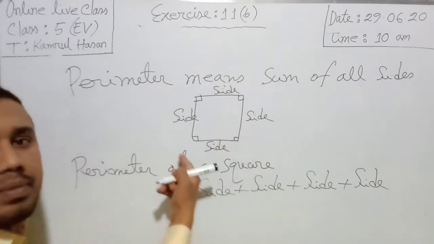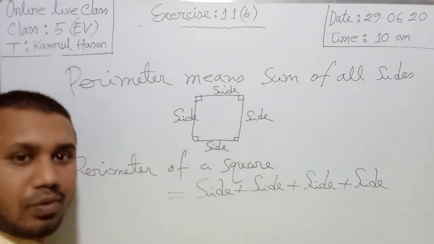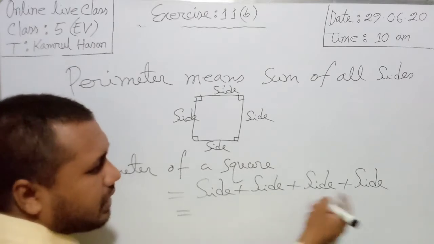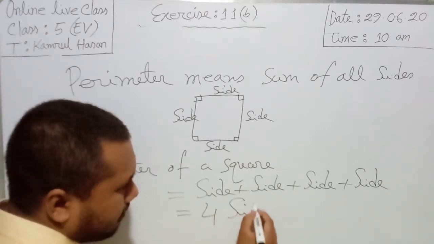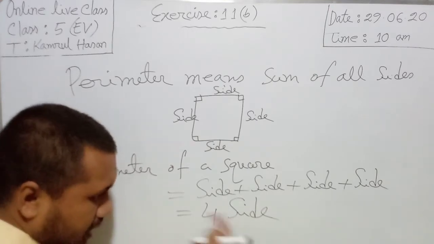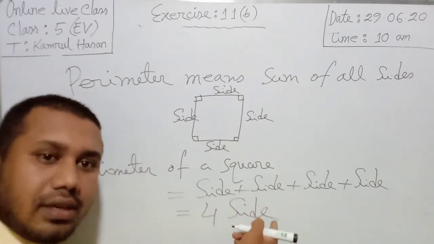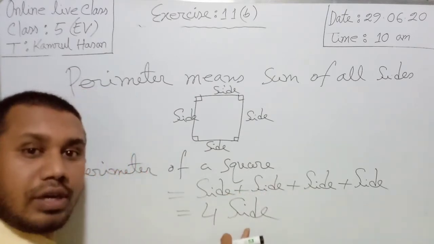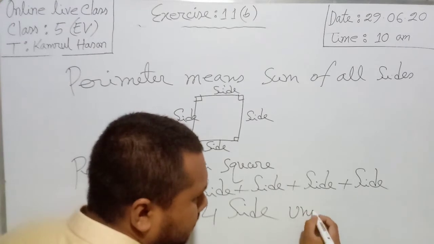Here side indicates, because all sides are equal, so we write side. Clear? Now what will be side plus side plus side plus side? That means 4 sides, or you can say 4 into side, or replacing side you can say length plus length plus length plus length. So it will be 4 into length unit.